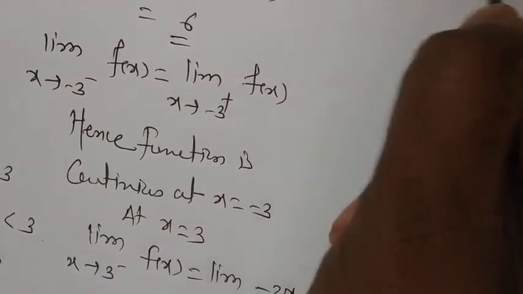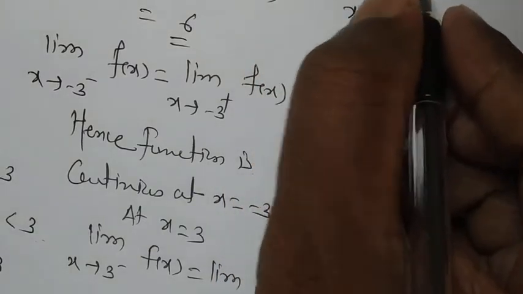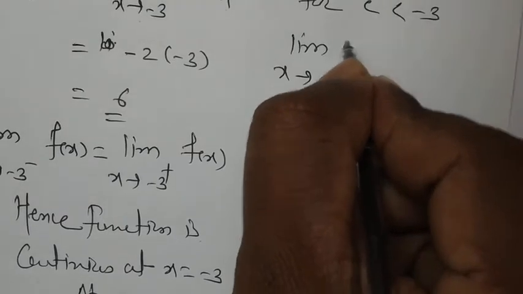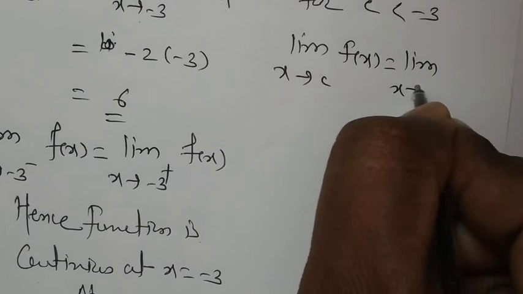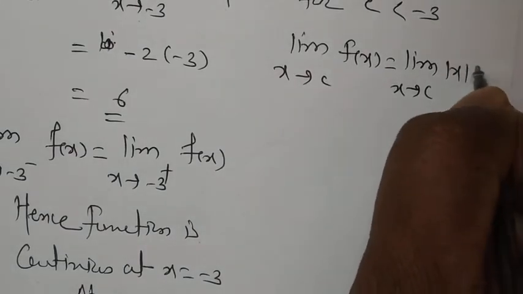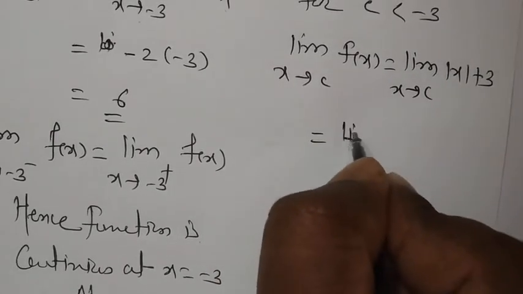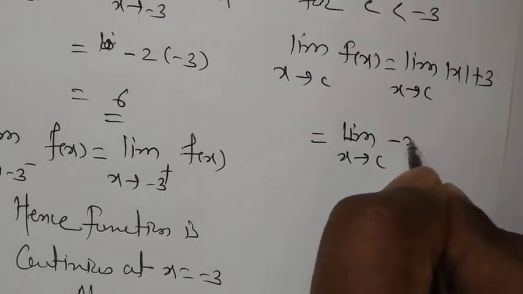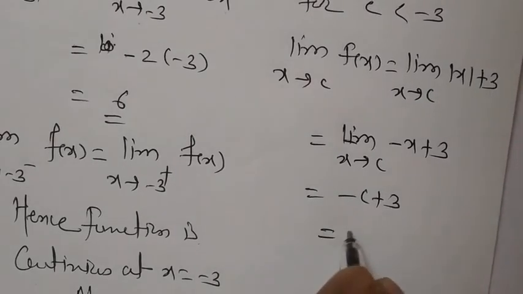So for this c, limit x tends to c of f of x, that limit x tends to c, this is on what? Modulus of x plus 3. Because all numbers are negative, it becomes minus of x plus 3, then minus c plus 3, that is 3 minus c.